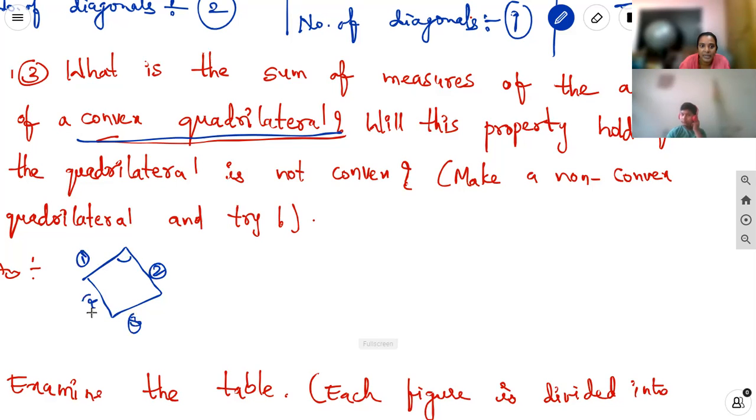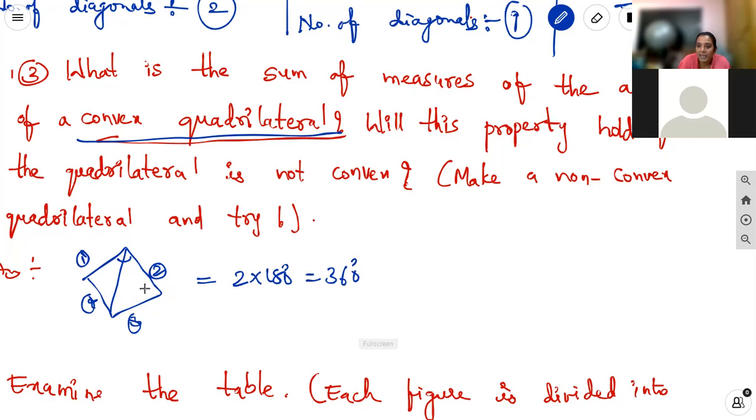It is divided into 2 triangles, each triangle making 180 degrees, so 2 into 180 degrees equals 360 degrees. And we know that in the square and the rectangle the angle sum is 360 degrees. That depends on dividing into triangles, each triangle having angle sum 180 degrees.